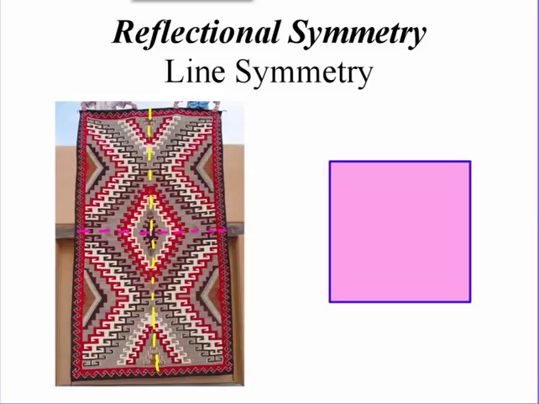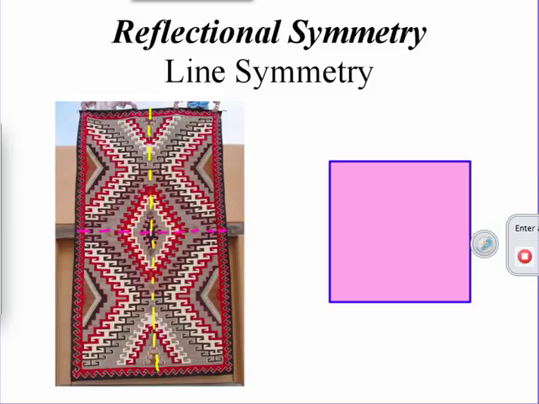So I want you to think about a square. I have a square here. How many different lines of symmetry could I draw in a square? With that in mind, go ahead and enter a number.